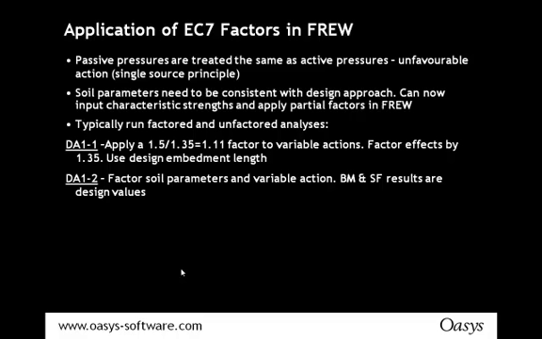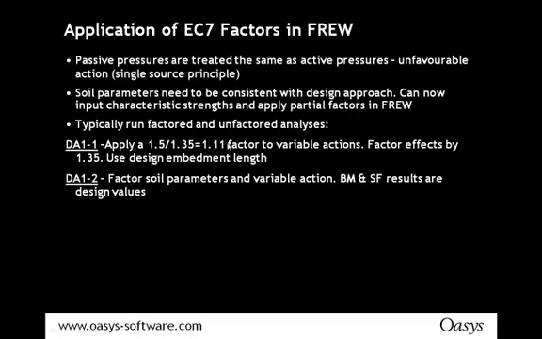So for the case of design approach 1, combination 1, you would apply your factor of 1.1 to the input variable loads, and then you would multiply the load effects from the output by 1.35.